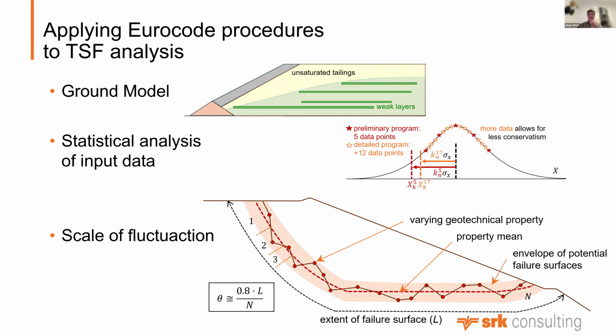And the third thing that we borrow from the Eurocode's support materials is the concept of the scale of fluctuation, which in the particular case of tailings dams is extremely important because the scale of fluctuation is related to the limit state under analysis or the failure surface.